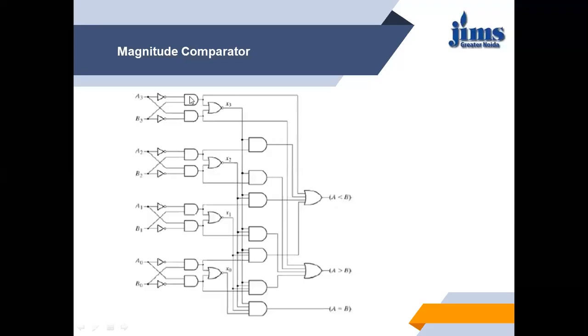So A3 bar B3, A3 B3 bar, and then we have put a NOT gate, that is X3. So we have generated X3, X2, X1, X0. When we AND all four of these outputs, then it is A equals B. We have the relations for A greater than B and A less than B. In this way, we can design a magnitude comparator.